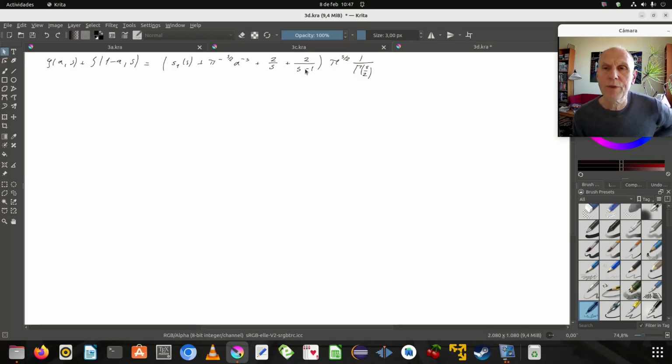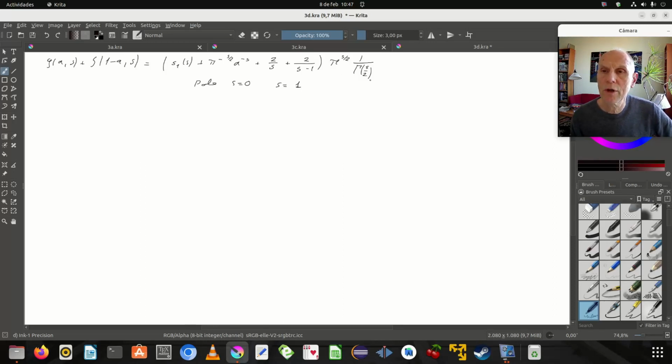And this is a meromorphic function with two poles. A simple pole at s equals naught and s equals 1 with residue 2.